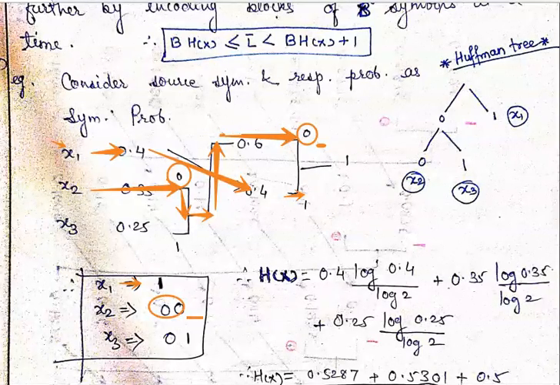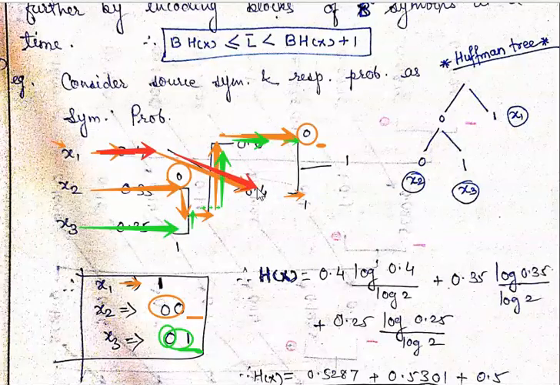On the other side, if someone wants to go for the path tracking for x3, this is the path for x3. It is 0, 1. So overall one can represent it as 0, 1. That is the path for x3. Let me highlight with a different color for x1. This is the path of x1.